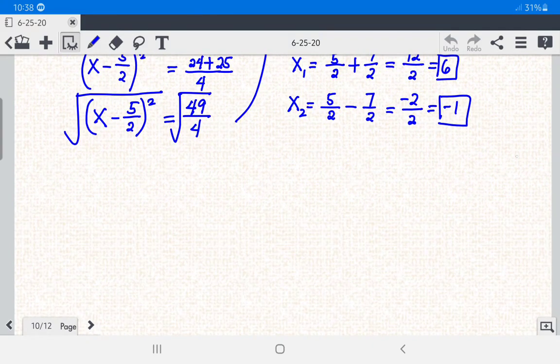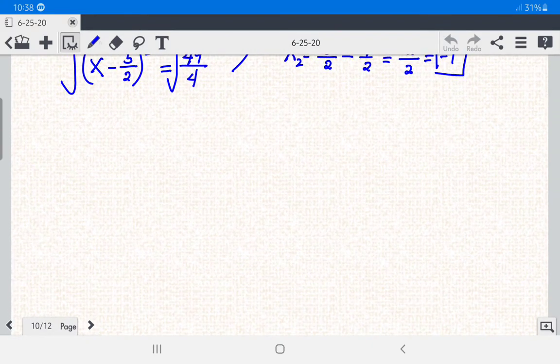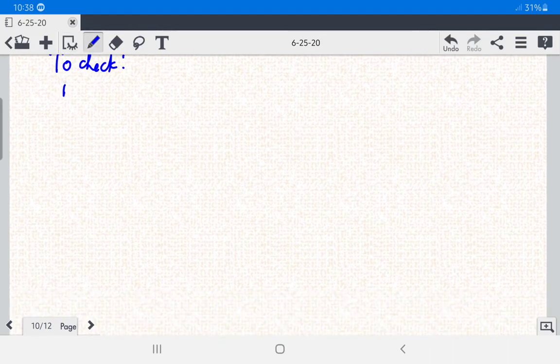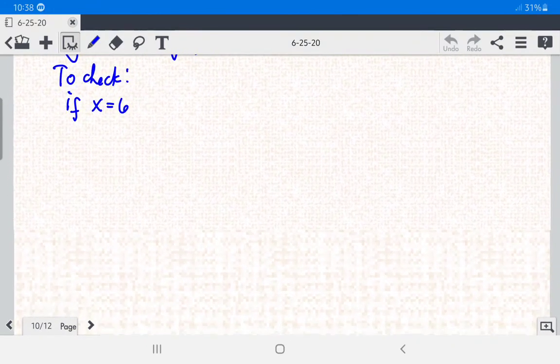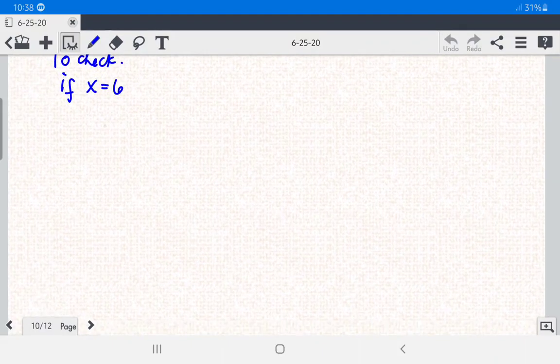To check, if x is equal to positive 6, using the equation x squared minus 5x minus 6 equals 0, we substitute the value of x, which is 6.